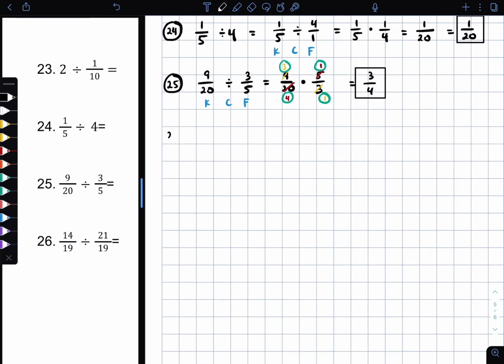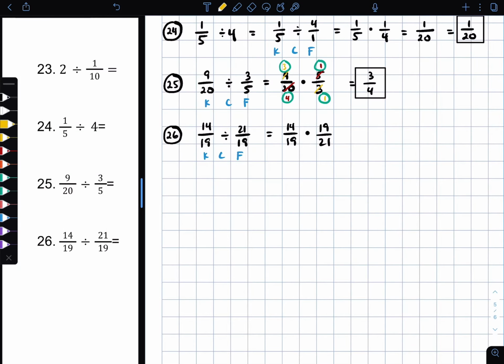Let's check out 26. For this one, we have 14 over 19, and we're dividing this by 21 over 19. And so we can go straight into keep, change, flip, Kentucky chicken fry. And so that'll be 14 over 19 times 19 over 21.